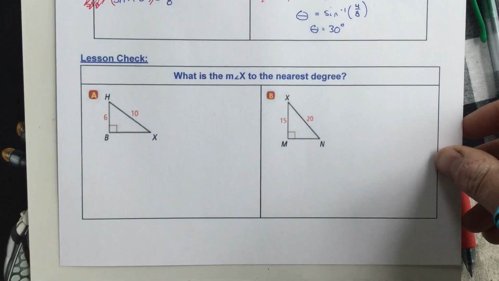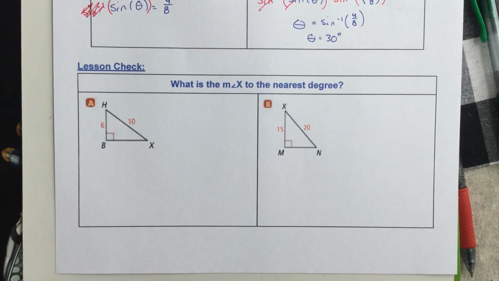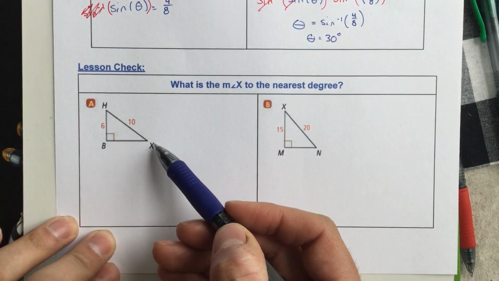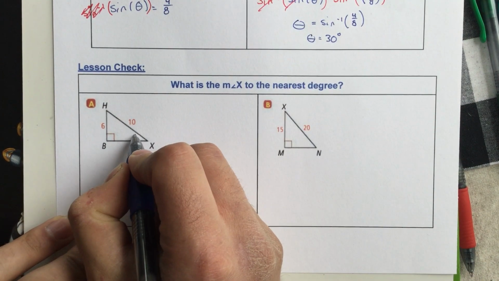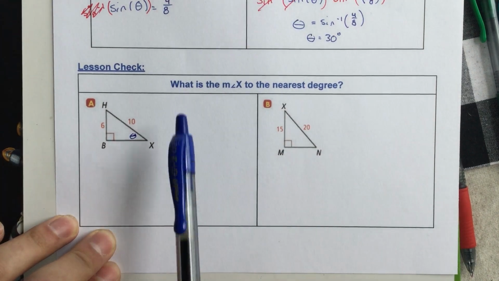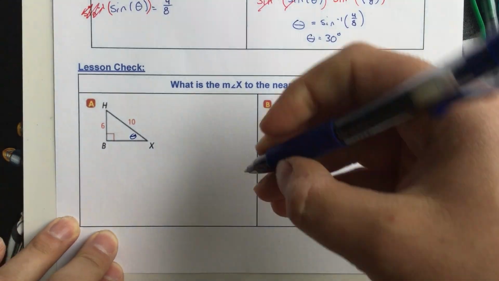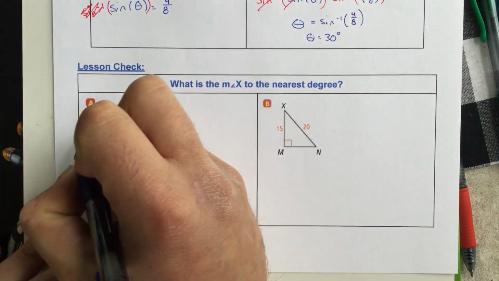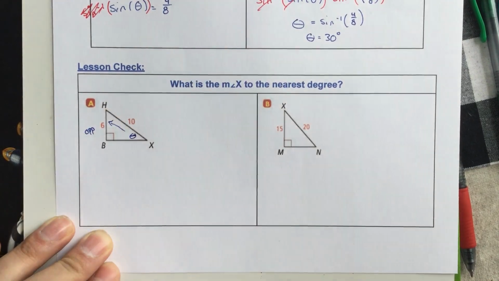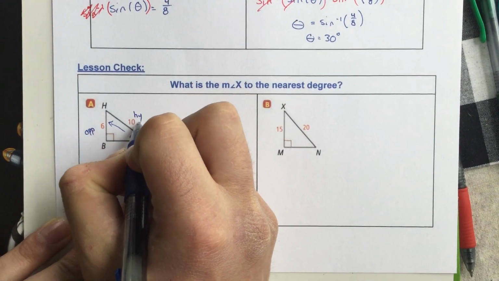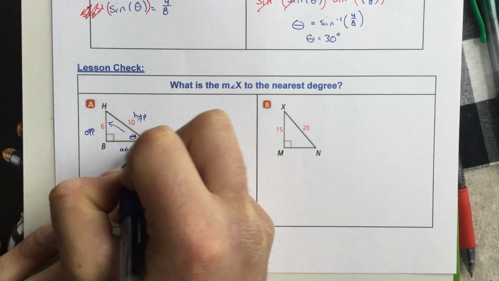What is the measure of x to the nearest degree? My first step is to put theta right here at angle x. That's the angle measure we're trying to find. Across from that is our opposite, making this the hypotenuse and this the adjacent.